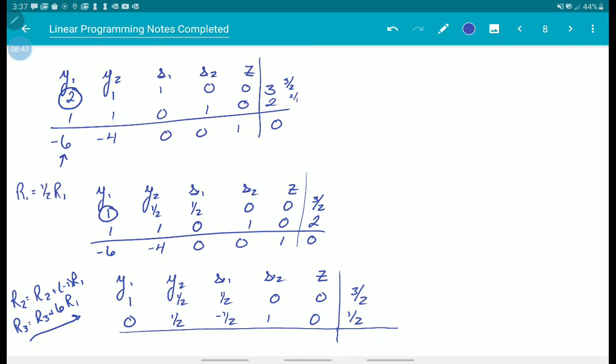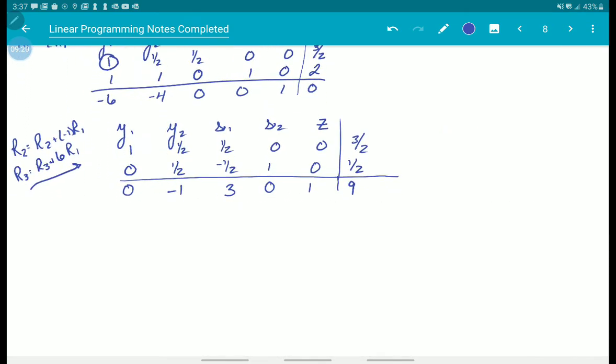So we're going to have -6 plus 6 is 0. -4 plus 3 is -1. 0 plus 3. 0 plus 0. 1 plus 0. And 0 plus 6 times 3 over 2, which is 9.